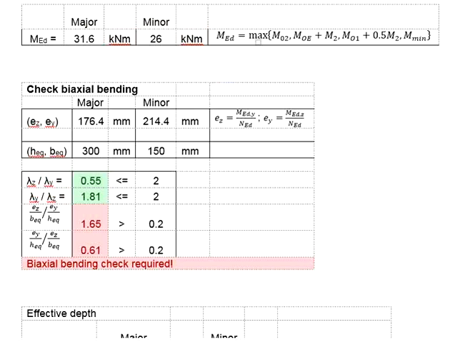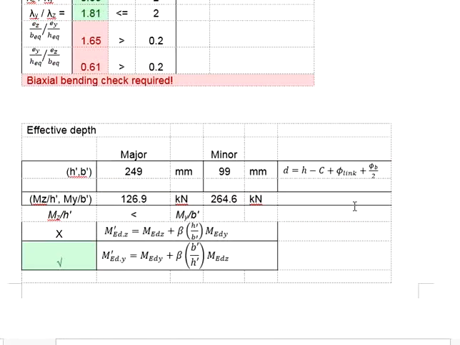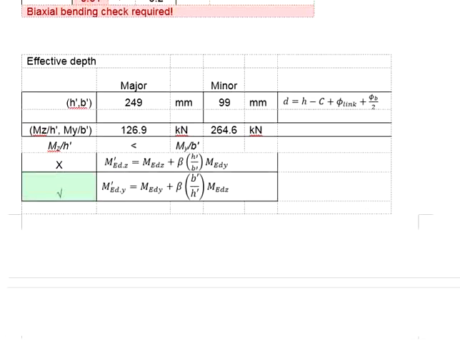If the answer is yes, then you will need to determine which side will be more critical. Having the B changed might change the ratios. We will need to go through the proper calculations to determine whether the major axis is more critical or the minor axis is more critical.